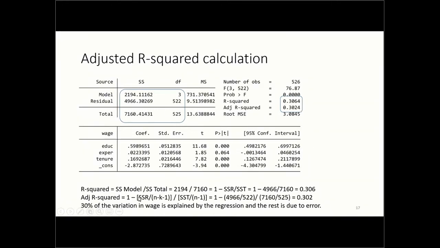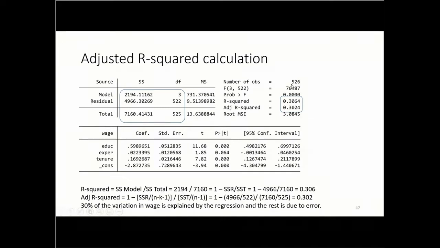For the adjusted R squared, we use the following formula. Again, we substitute the SSR is this number, the SST is this number, n minus k minus 1. Here we have three independent variables, and the number of observations is 526. So this is n.